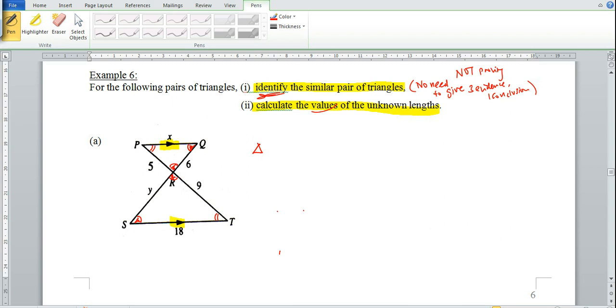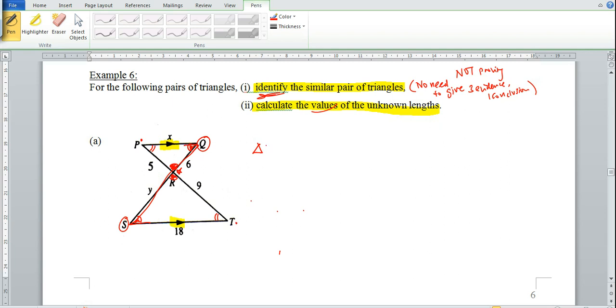Because the Z is here, I can say that Q will match S. The vertically opposite angle here is the same, so R matches with R, and then P will match with T. So this is how I'm going to write it out.